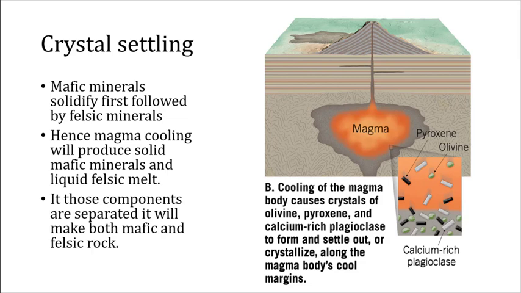So you'll get a layer of mafic minerals at the bottom of that magma chamber. Meanwhile, though, the remaining magma is more felsic, right? It's more silica rich.